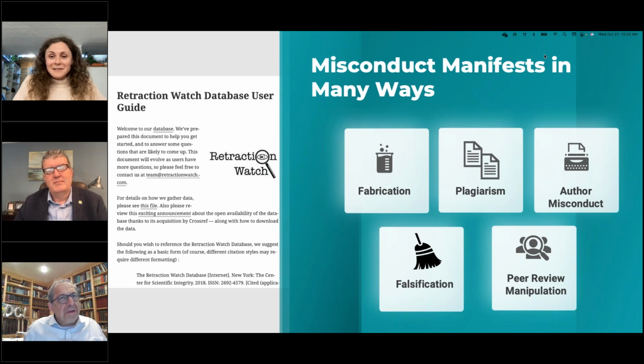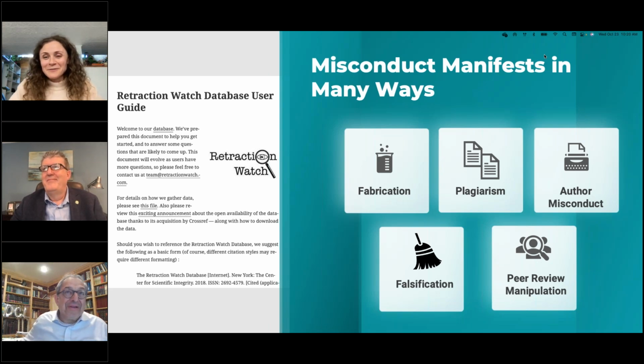Retraction Watch actually has some really nice stories, well, it's not nice, some stories around researchers who found themselves authoring papers around research they never had anything to do with. Imagine finding that out in any context, but imagine how problematic it is when you find out in the context of that paper being flagged for misconduct, and you're one of the authors and you had nothing to do with it.